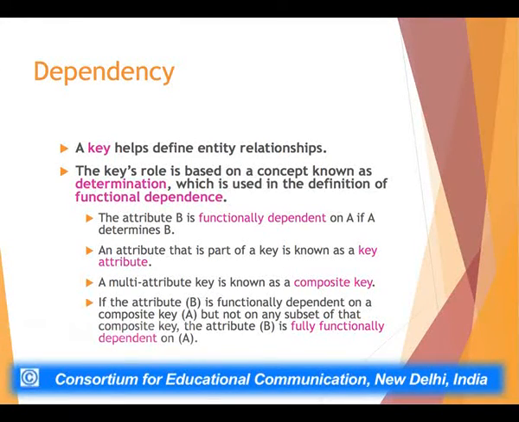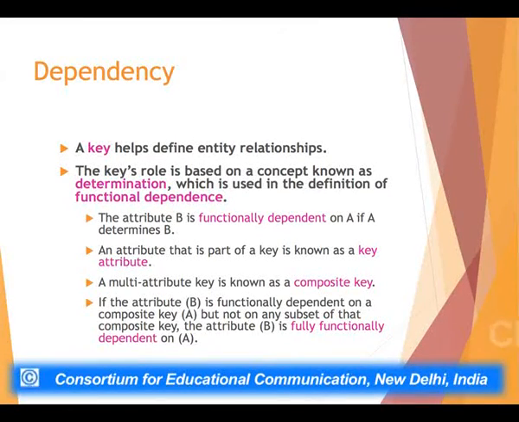If we say that attribute B is functionally dependent on attribute A, then A determines B. An attribute that is part of a key is known as a key attribute. A multi-attribute key is known as a composite key.